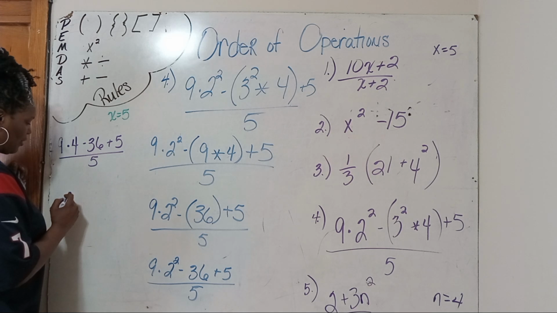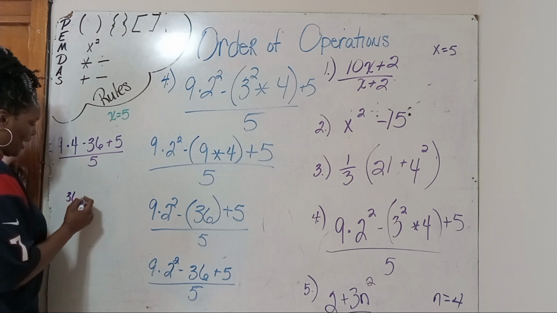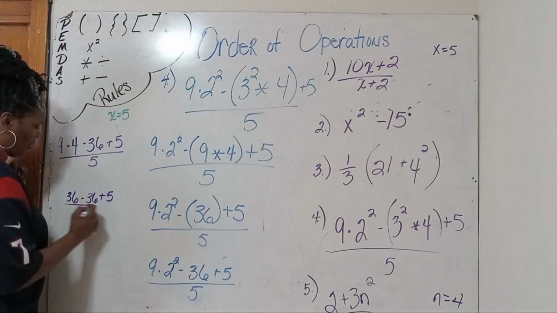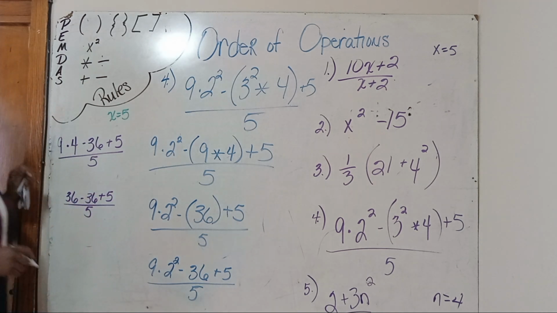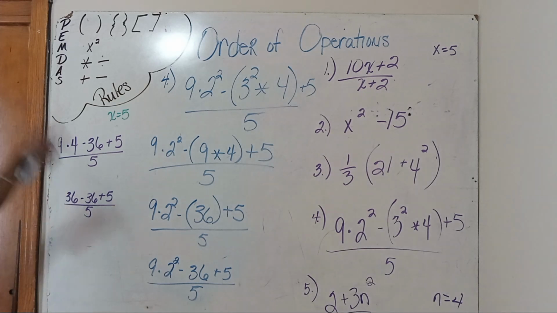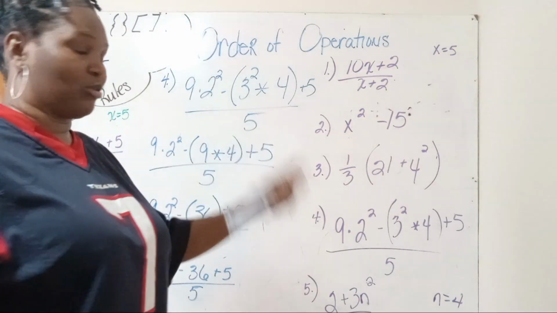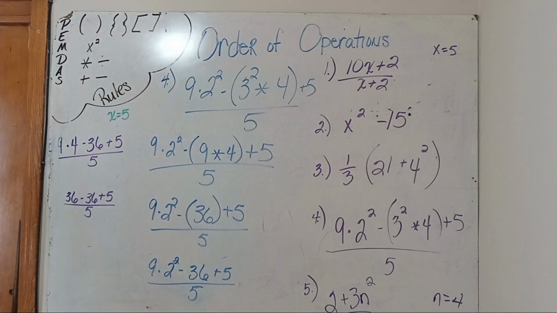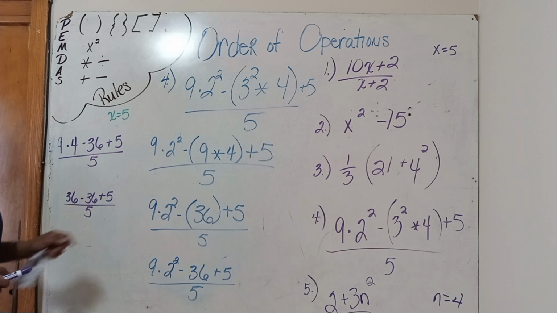So we got 36 minus 36 plus 5 over 5. We going step by step. So now we just down to addition, subtraction, and we got one more little division problem to do. But we can't divide until we deal with what's at the top, and then we can do what's at the bottom.